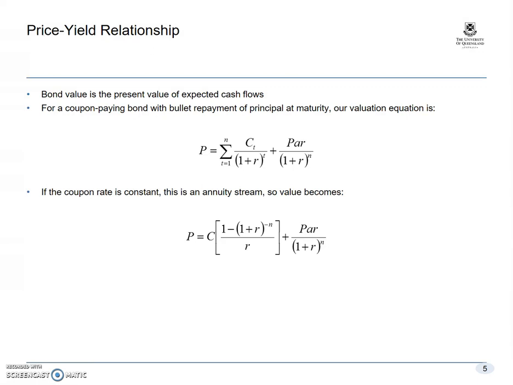So the average time we have to wait to get those coupons is shorter than the par value, and so the more cash flow that's in those coupons, that is a higher coupon rate, the less effect the time has, and the less effect from a change in the cost of debt.